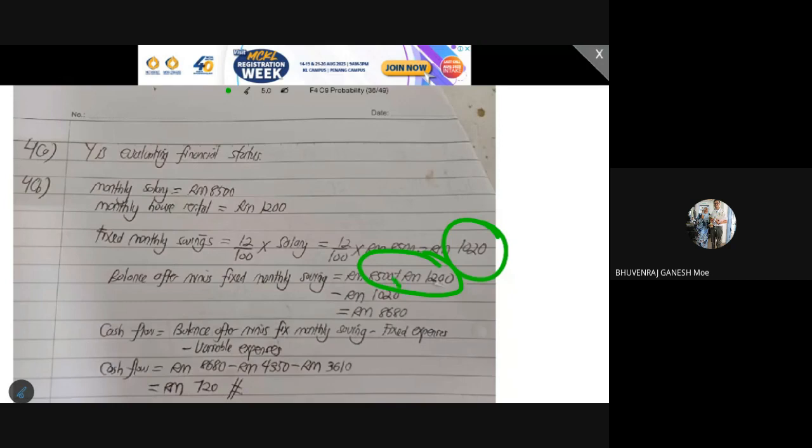Saya lepas tu tolak dengan 1020, nilai ni tadi saya cakap. So saya akan dapat 8680. Okay, lepas tu tolak dua jenis perbelanjaan dia. Perbelanjaan tetap dengan perbelanjaan tidak tetap. You minus the two types of expense, fixed and variable. So then you'll get your answer. Boleh faham guys? Can you understand soalan nombor 4 macam mana?